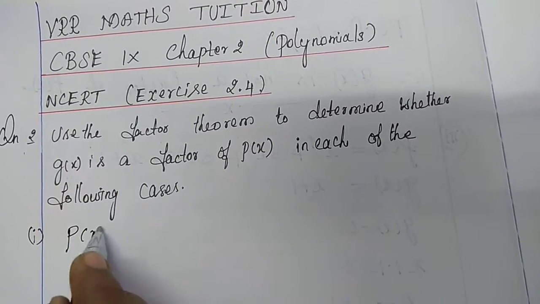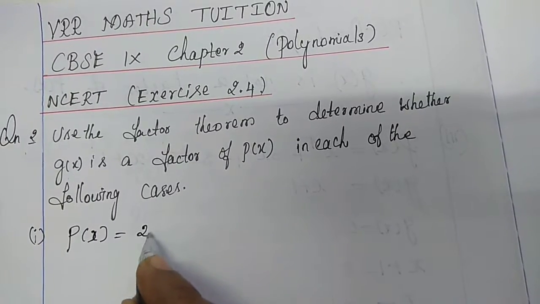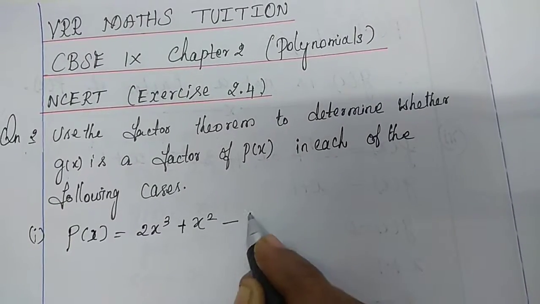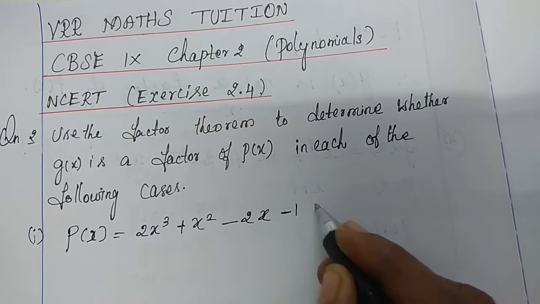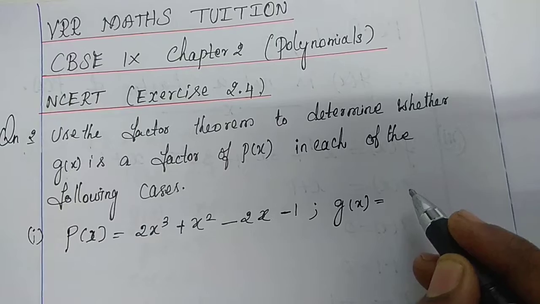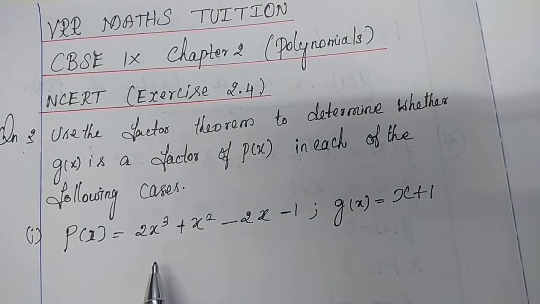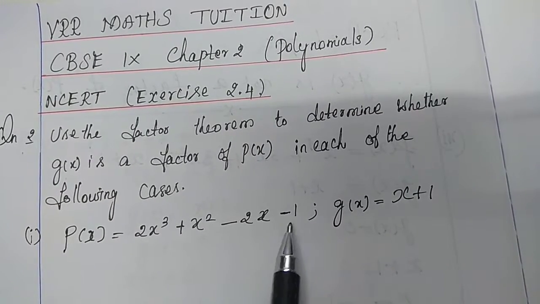p of x equal to 2x cube plus x square minus 2x minus 1, and g of x equal to x plus 1. P of x is equal to 2x cube plus x square minus 2x minus 1.